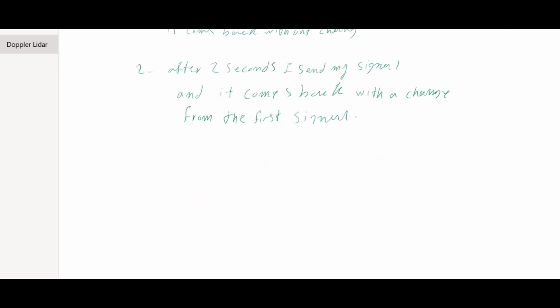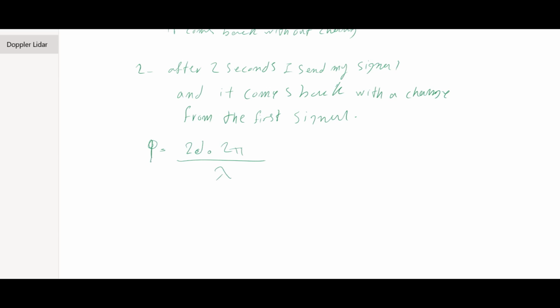So I calculate my phase shift, which would be 2 pi over lambda, and since it is going away and coming back, it would be 2d, or 2 times the distance, multiplied by 1 full cycle divided by lambda.